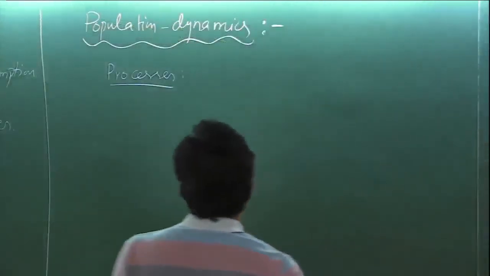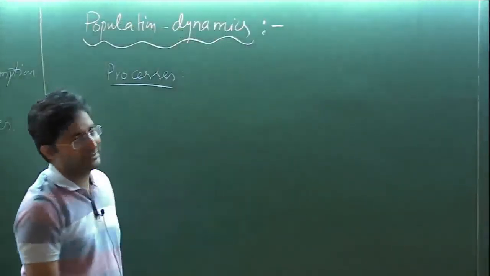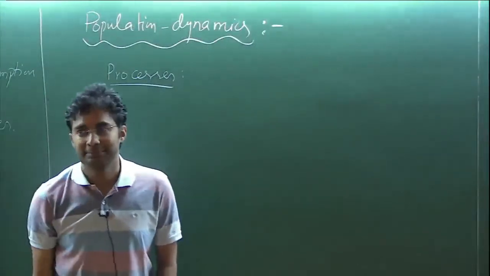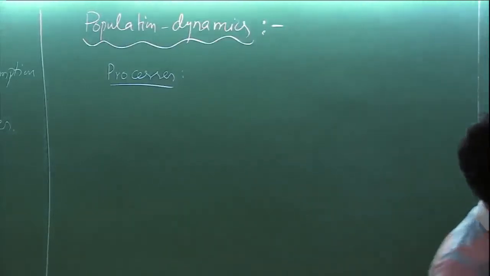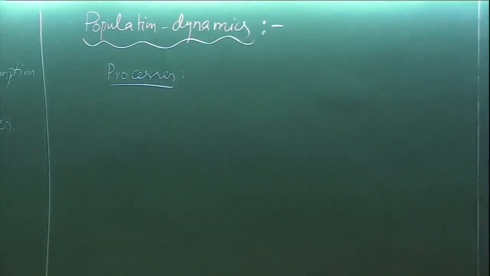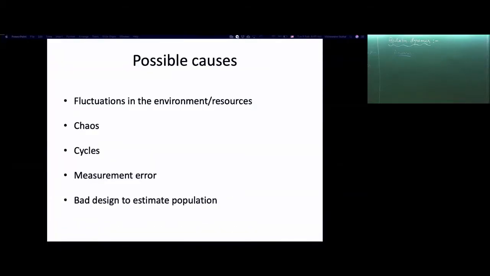Okay, so what are the processes that change population sizes? What are the most important and simple processes?